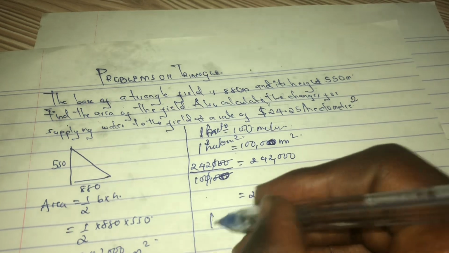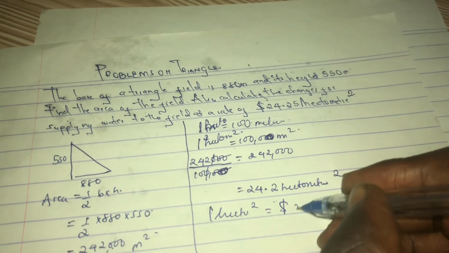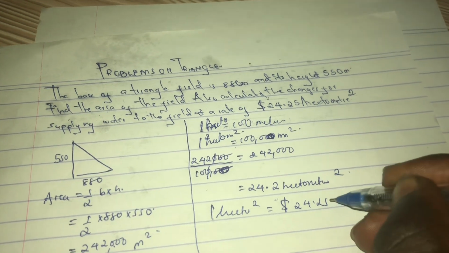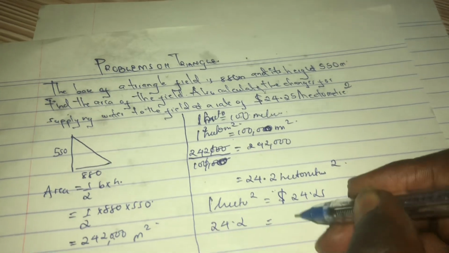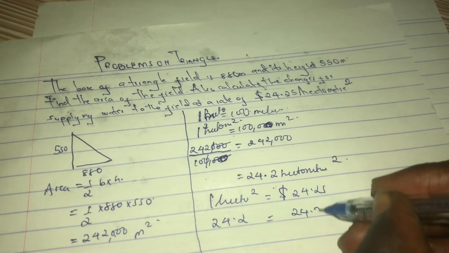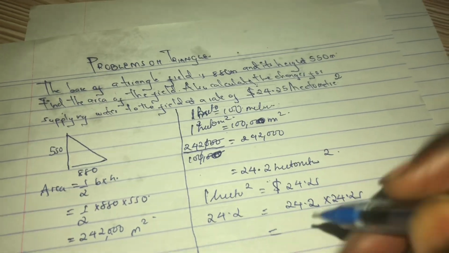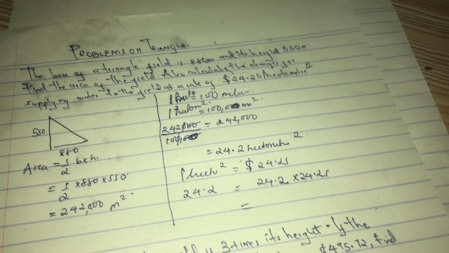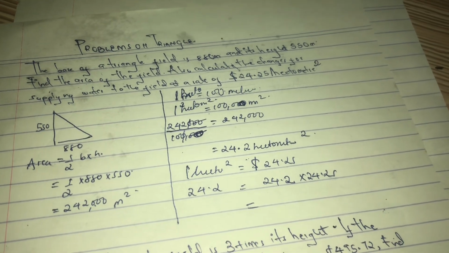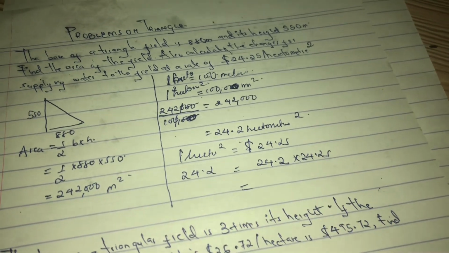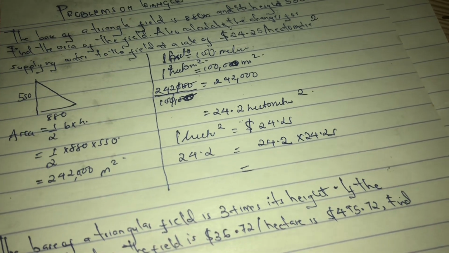But they've said that 1 hectometer squared will be equal to $24.25. Are we together? So out of 24.2 hectometers, it will be 24.2 times 24.25, and our answer will be, because we are calculating for the charges, 24.2 times 24.25.